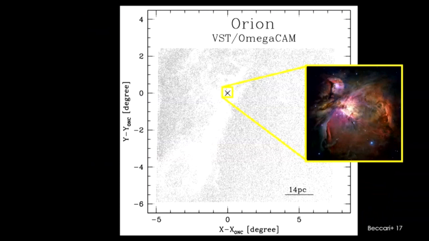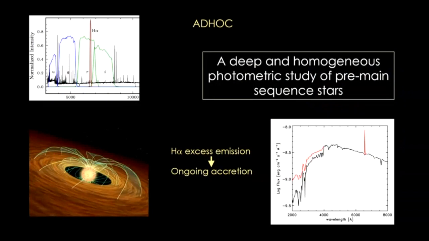The advantage of this ad hoc program, a deep and homogeneous photometric study of pre-main sequence stars, is that it also includes H alpha. This means it can detect H alpha excess emission in the spectrum, which is likely linked to ongoing accretion.